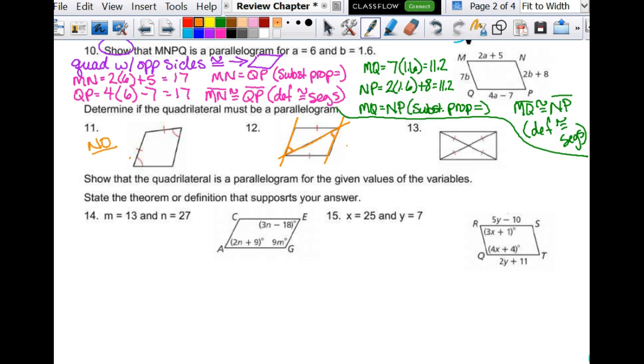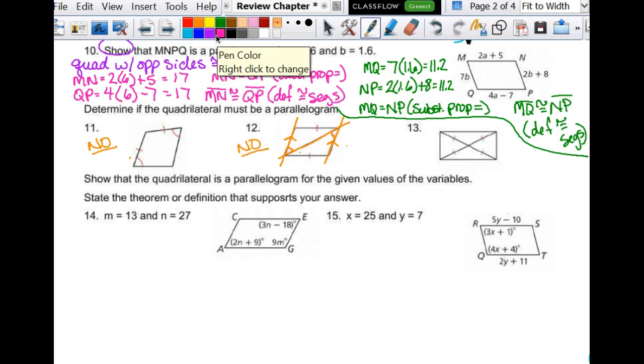It does not by any means guarantee that the other ones are congruent. Definitely a possibility, but not a guarantee. So it gives me these sides that are parallel and these sides that are congruent, which does not guarantee a parallelogram because it could be an isosceles trapezoid. We just don't have enough information here, so this is a big no.